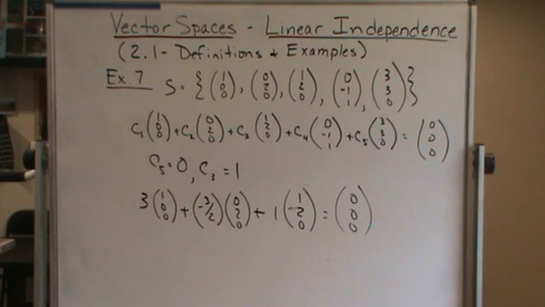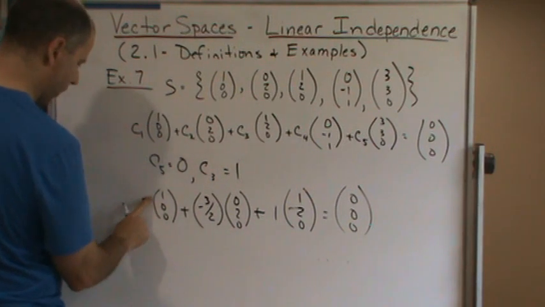So if C3 is 1, okay, looking at the other vectors, then we get negative 1, right?